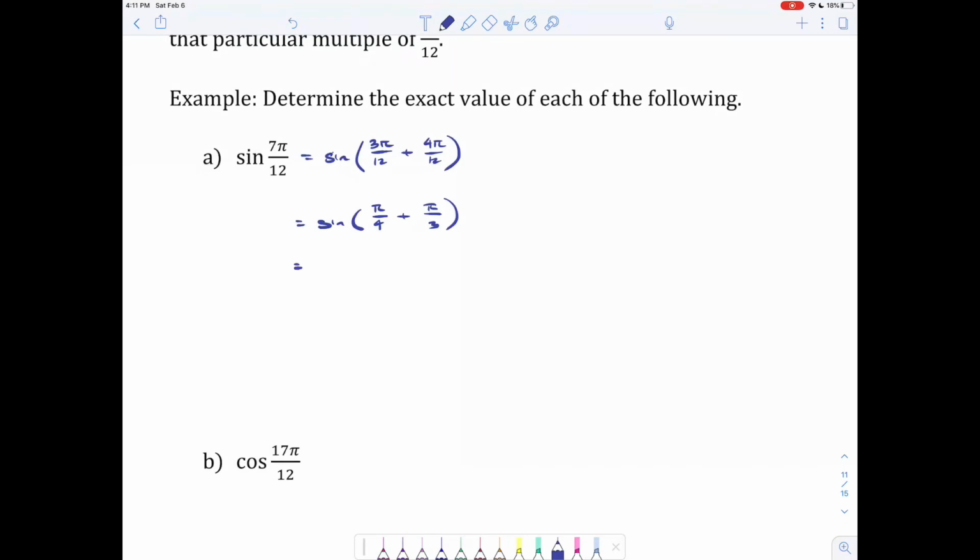From the sum of sine formula, I'm going to say, how does sine cos plus sine cos, that's what I need. So it's sine cosine plus sine cosine, but the angles swapped.